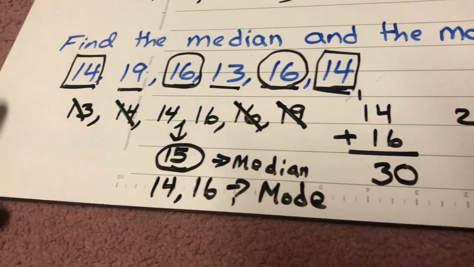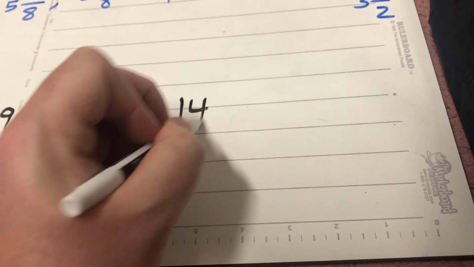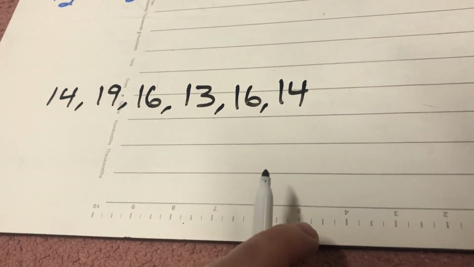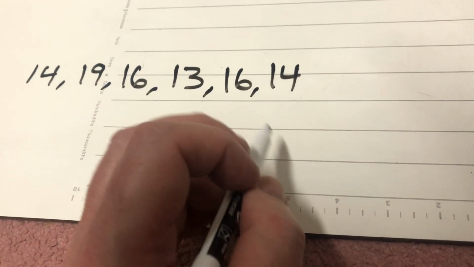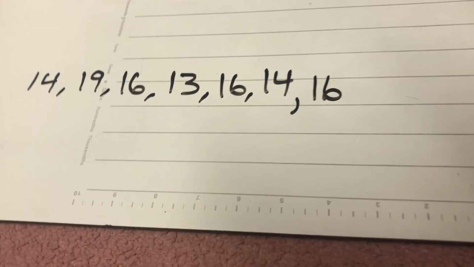Now, let's say, for example, I'm going to put those same numbers on this board. So 14, 19, 16, 13, 16, and 14. Just like it is, we have 14 and 16 as a mode. Now let's say that I just added another 16.